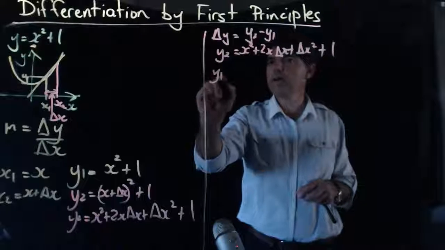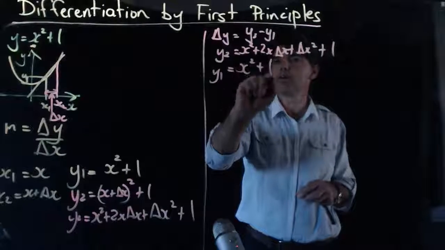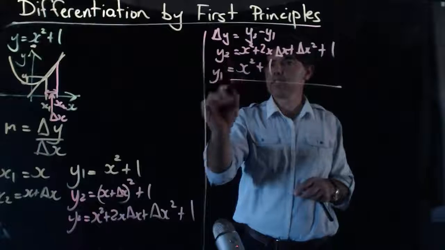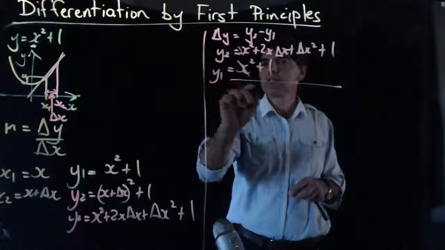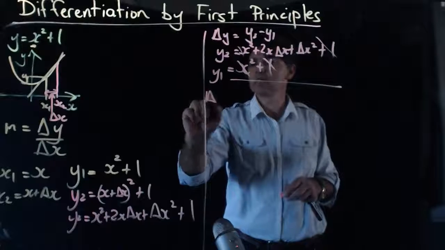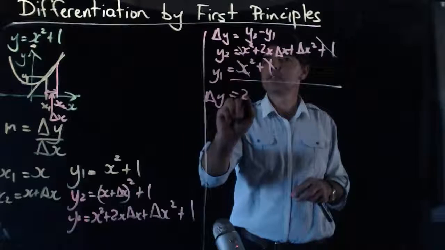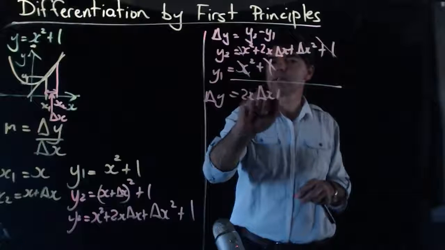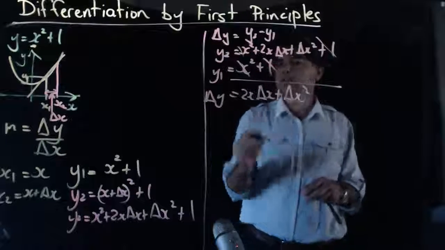That y1 was equal to x squared plus 1. Subtract these two, so the x squareds cancel, sorry, and the 1's cancel. So delta y is equal to 2x delta x plus delta x squared.